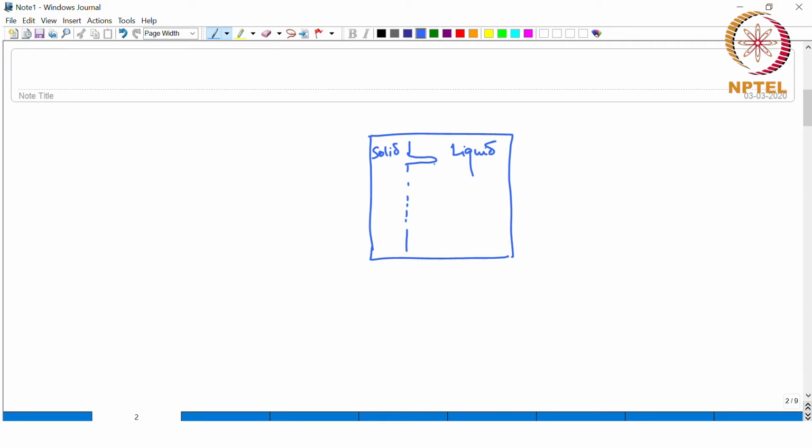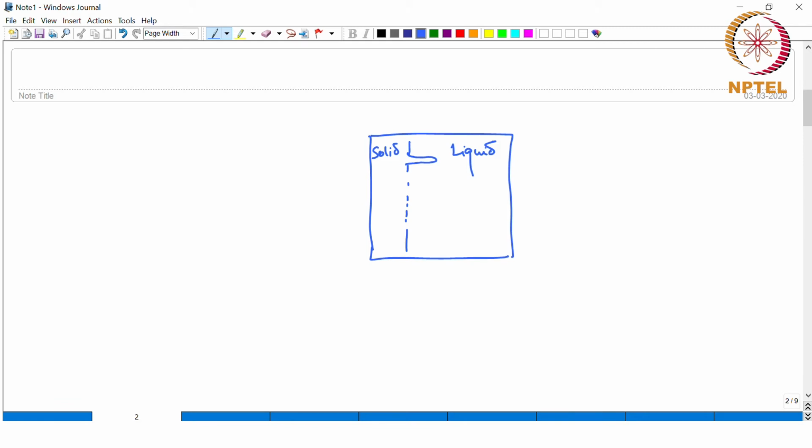Okay. This will not dissolve back again into the liquid. And therefore, this will grow into the liquid, right.